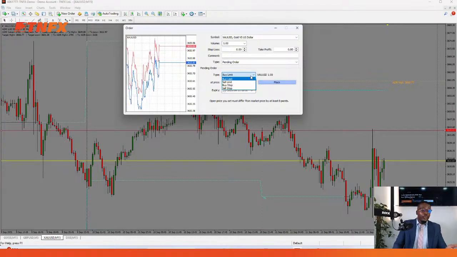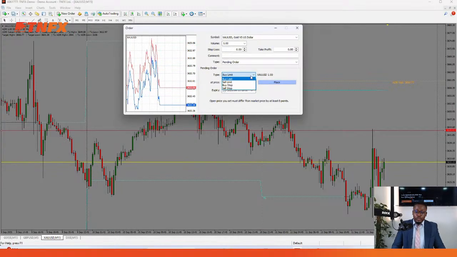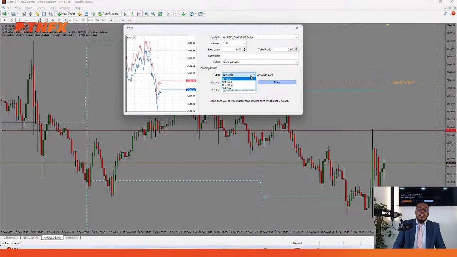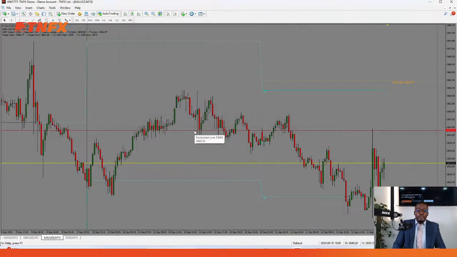Like for now, we are looking at gold, you understand? So in that case, we're looking at our current price, and maybe let's say, for instance, we are anticipating the market to be trading at a certain price. Let's take, for instance, this price, right?